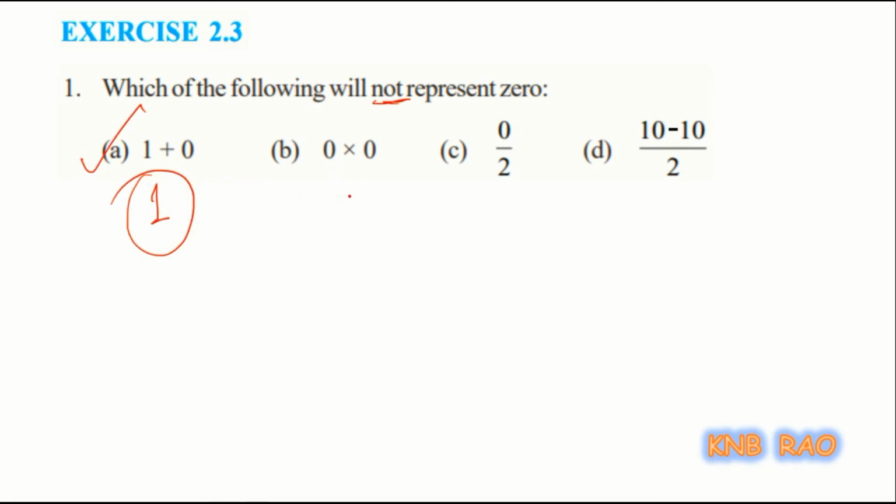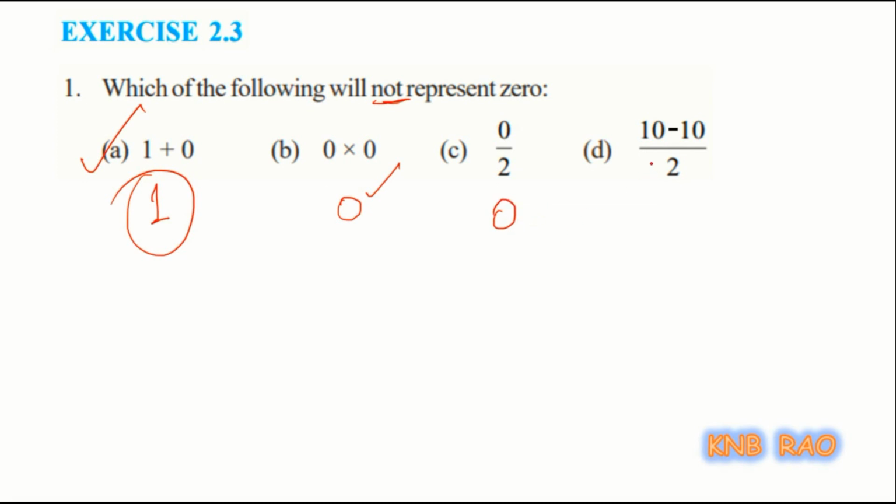In the case of 0 into 0, the product of a number by 0 is always 0. Whether both are zeros or any one of them is 0, the product of a number by 0 gives 0 only. Next, in the case of 0 by 2, 0 divided by any number other than 0. 0 by 0 is undefinable, but 0 by 2 is 0.